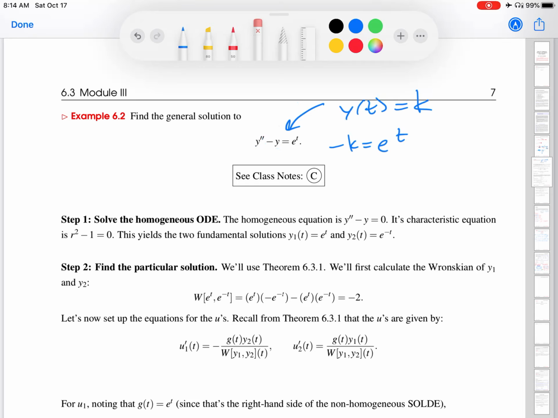So you might think, oh, what about e to the t? Maybe pick something that involves the right-hand side. That's a good guess. The second derivative of e to the t is e to the t, and then minus e to the t gives me 0. It does not give me e to the t. So, method of staring, we tried it, but it didn't work. We need something more sophisticated.